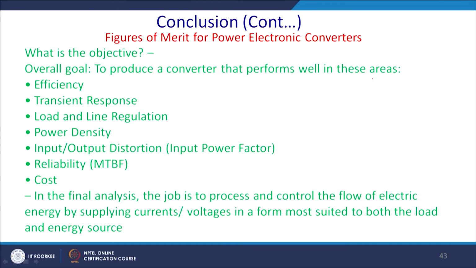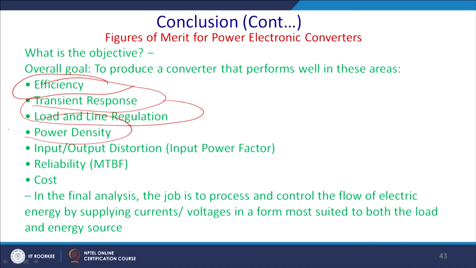So, what are the objectives of this power electronics converter? The overall goal is to produce a converter that performs well in these areas: it should have high efficiency, very fast transient response, very fast load and line regulation, very high power density, very low input and output distortion, that means power factor as well as THD, and very high reliability.